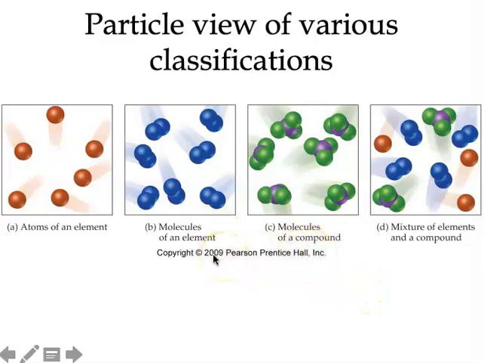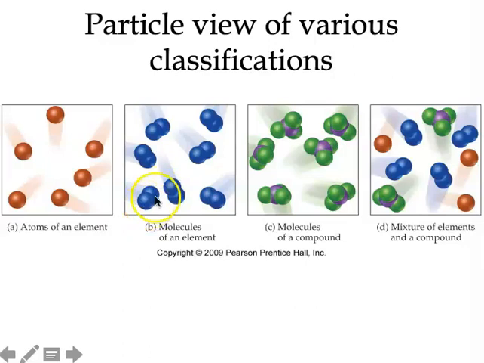Another couple of words that you're going to hear me use quite often are monoatomic or monatomic. They are all monatomic because each one of those particles consists of just a single atom. These are diatomic, because we have two spheres connected together. It is an element because they're both blue.